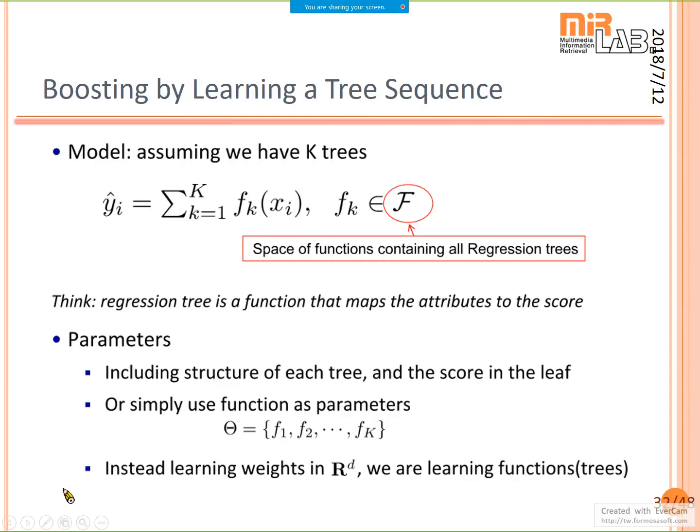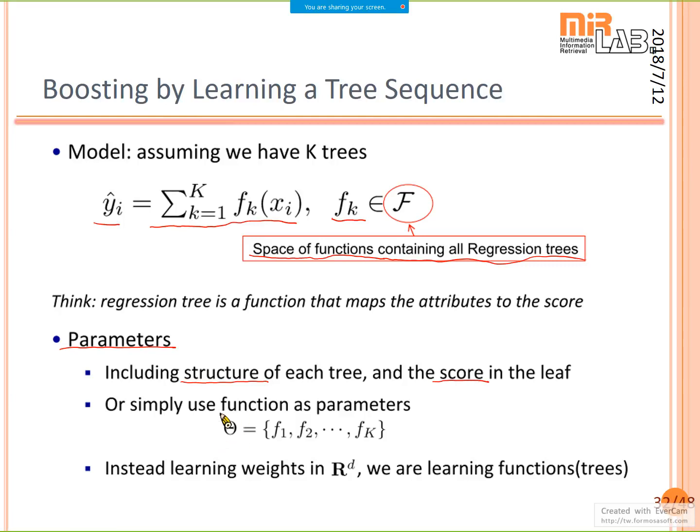So for boosting, we want to learn a sequence of trees. The final output is equal to the summation of a sequence of trees, and each of the trees comes from the space of functions containing all regression trees. The parameters in our tree include the structure of the tree and the parameters in the leaves.